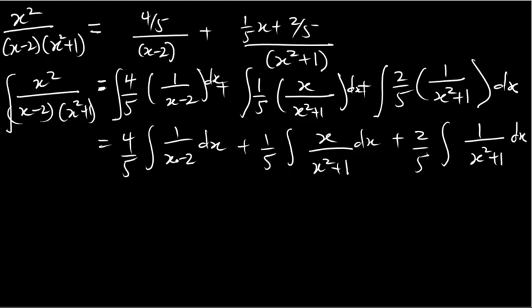Looking at this, we can get ln x minus 2. By looking at this, the derivative of that is not equal to this. The derivative of x squared plus 1 will be 2x, but here is just x.